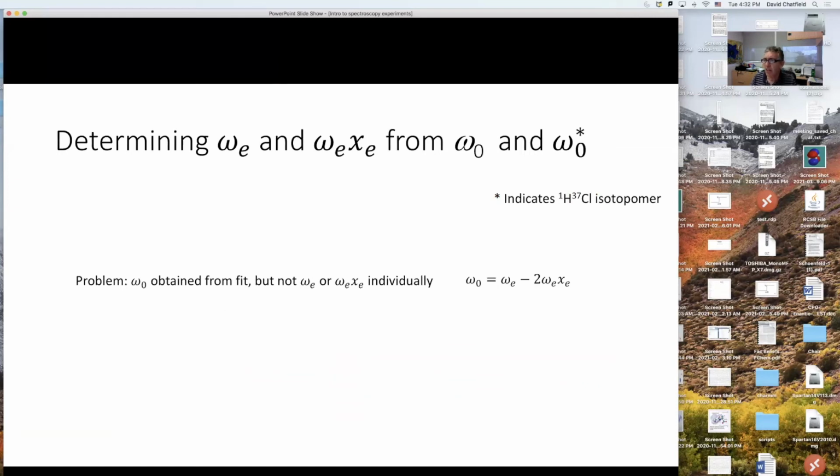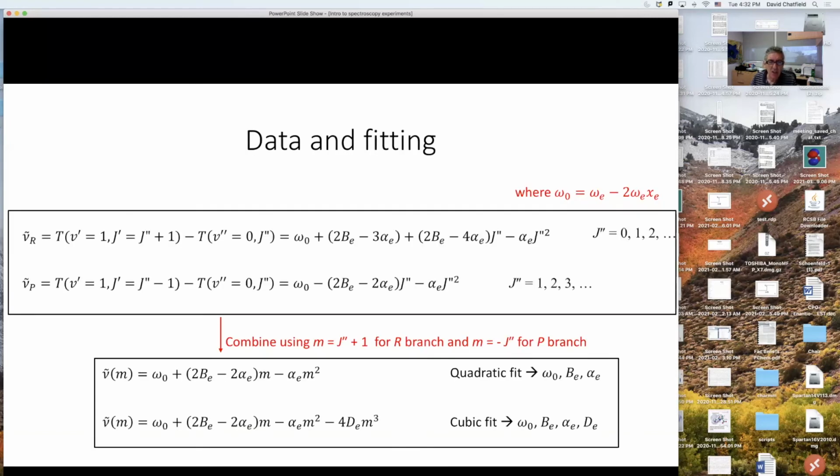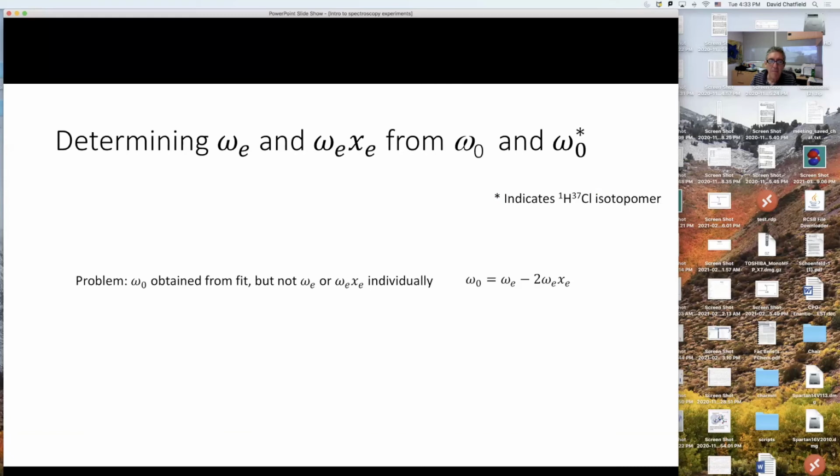Now, one additional note: you'll notice what you can get out of this fit is ω0, but you'd like ωe and ωeXe. How do you get them? Well, you can get them by combining the data from the two isotopomers.